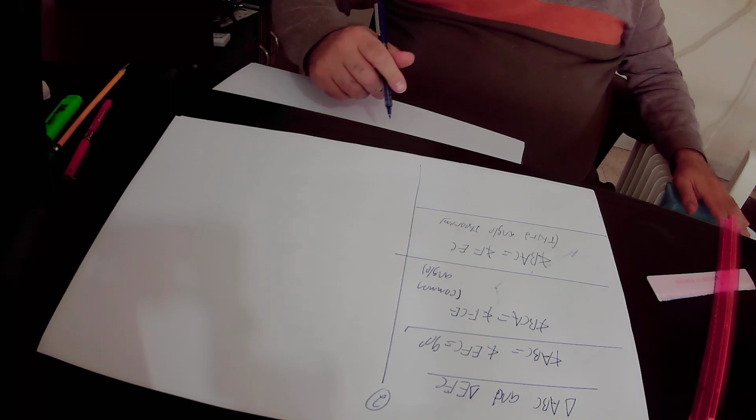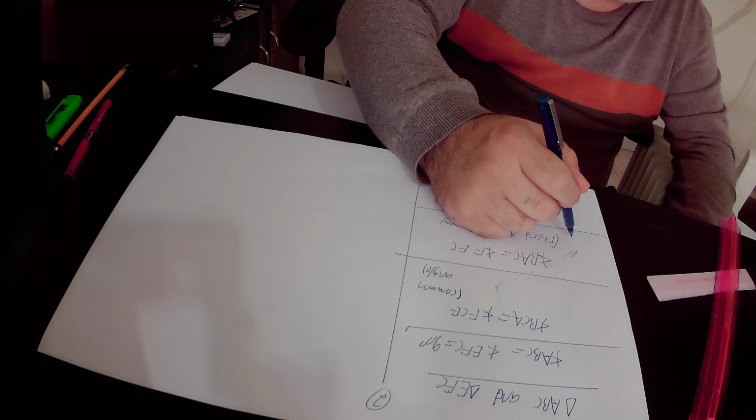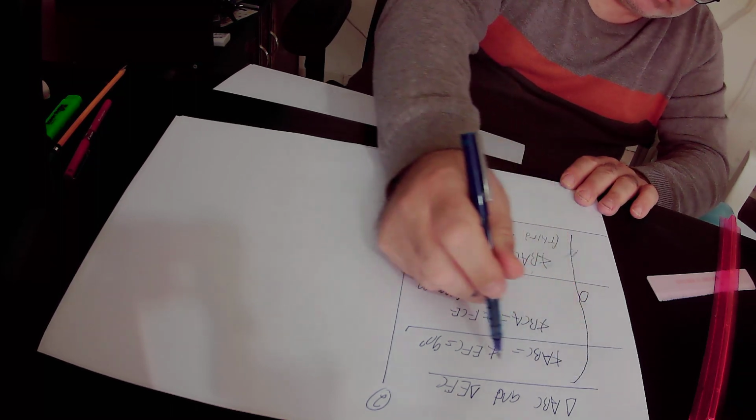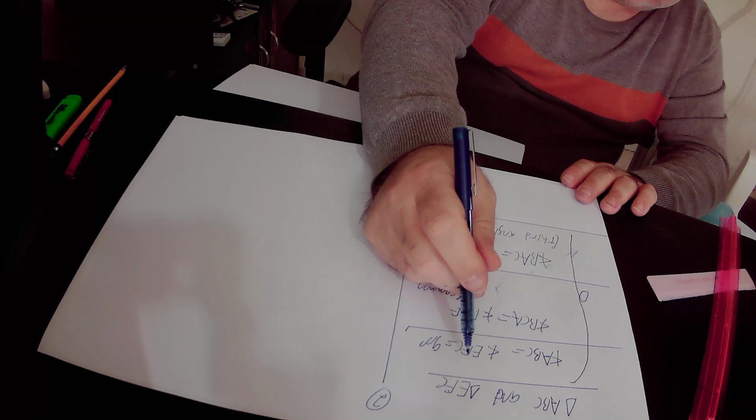So we actually proved that all the angles of triangle ABC are correspondingly congruent to all the angles of triangle EFC.